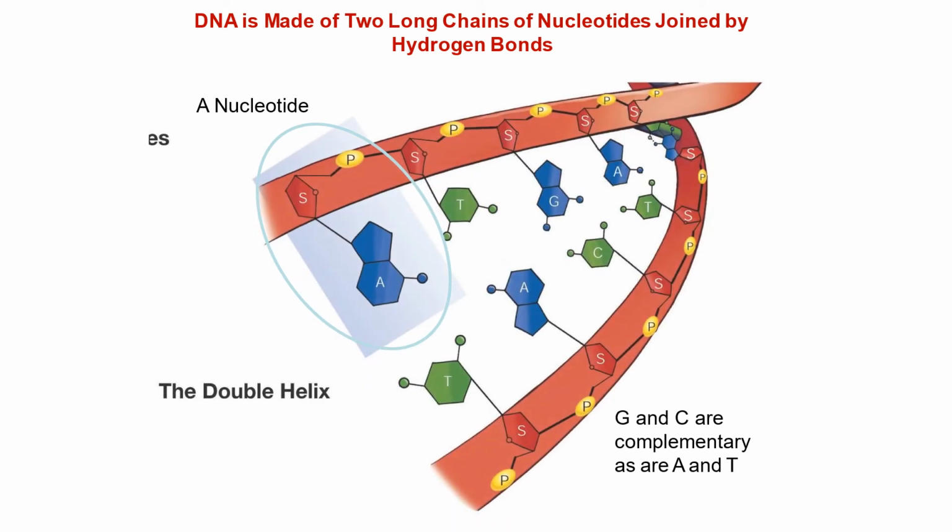In this structure, sugar, phosphate, and nitrogenous base form the nucleotides. On the sides, sugar and phosphate form the chain, and in the ladder, these are the nitrogenous bases. Guanine and cytosine are complementary, as are adenine and thymine.